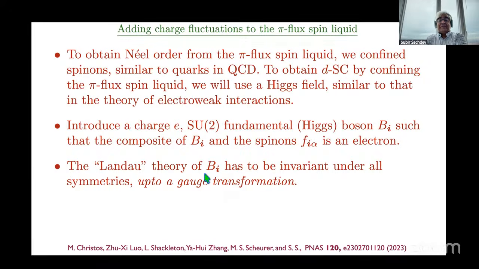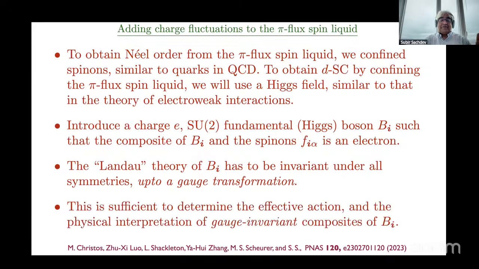What are the gauge transformations of the B and the F under the square lattice and other symmetries? But you know the symmetries of F from the pi flux ansatz. You know the symmetry of E, that's just an electron. And so because of this composite relationship, you can deduce the symmetries of B.